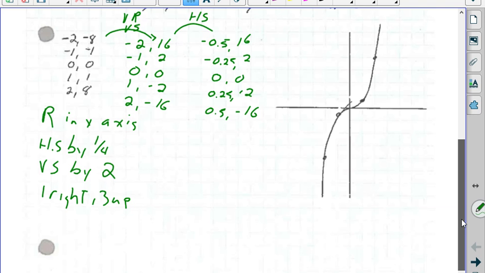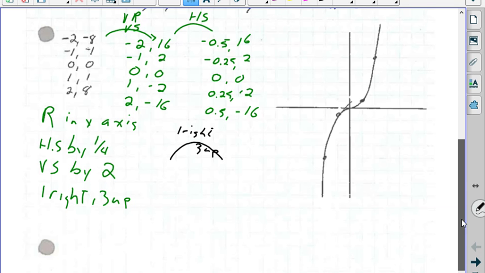So multiply every x coordinate by 1/4. And then finally, I'm just going to do down here because I want to give my sketch a place to work. 1 right, 3 up.